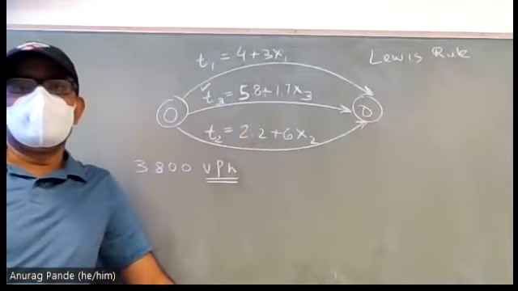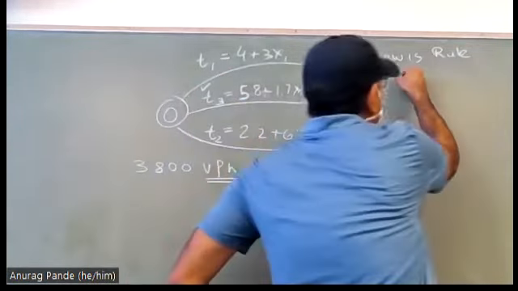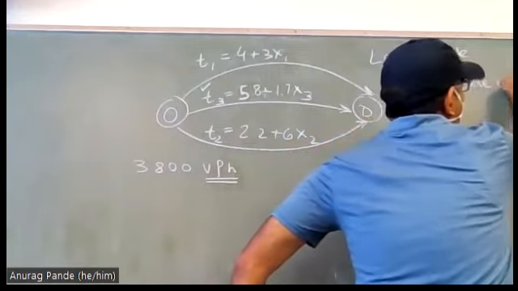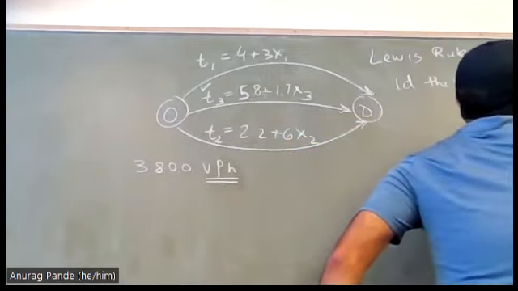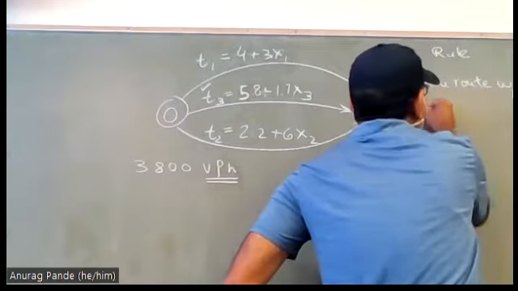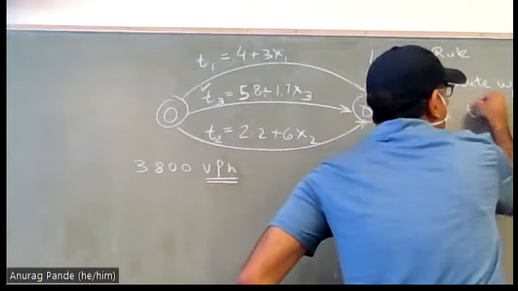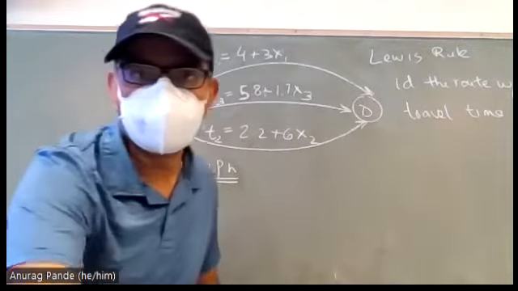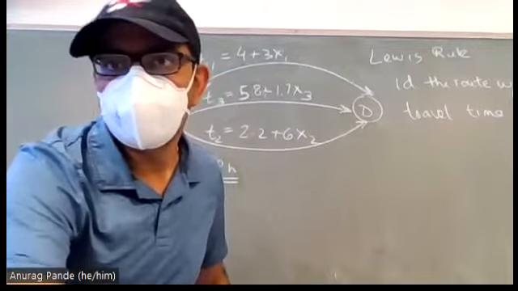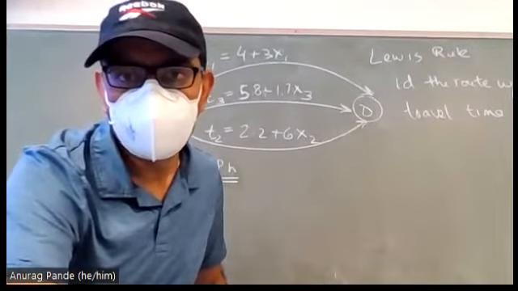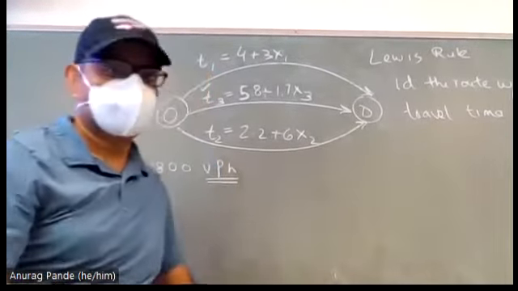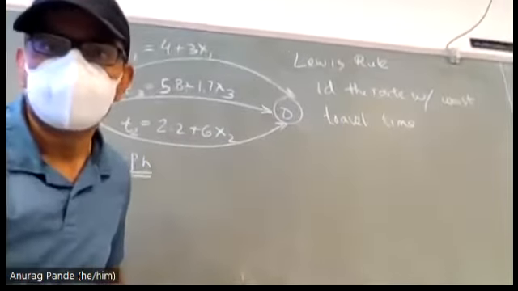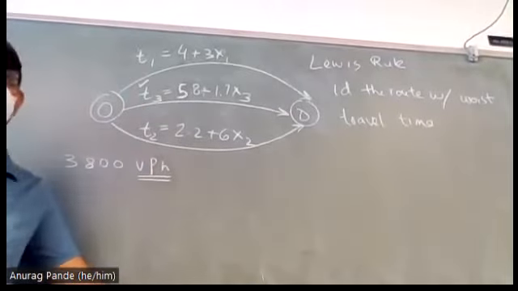So your first step is to identify the route with the worst free flow travel time.